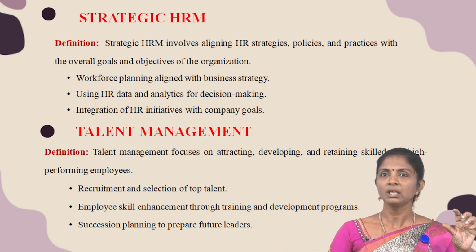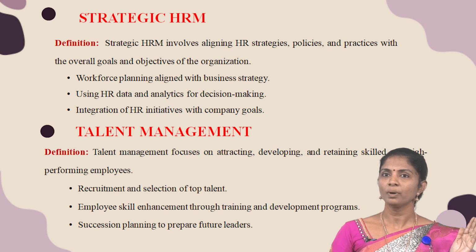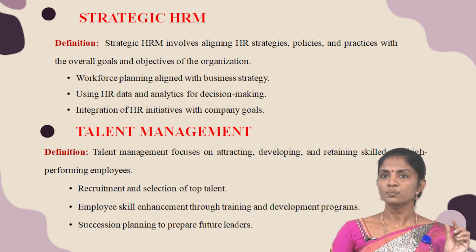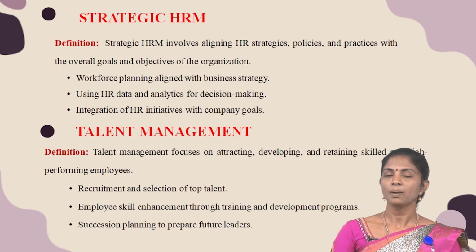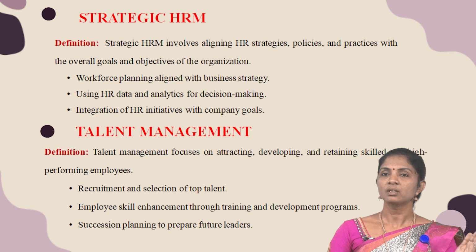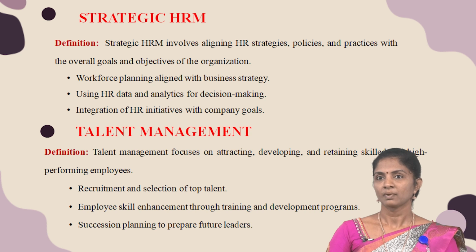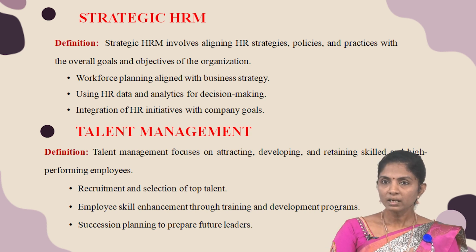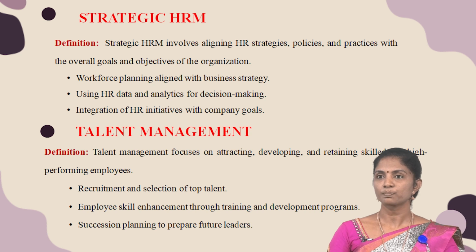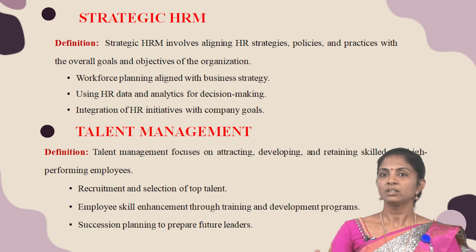So, what are the key aspects of strategic human resource management? First one, the workforce planning aligned with the business strategies. Using human resource data and analytics for taking decisions. Integrating human resource initiatives like recruitment, training with the company goal.